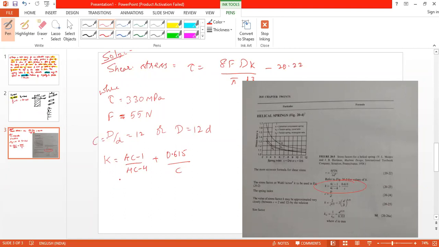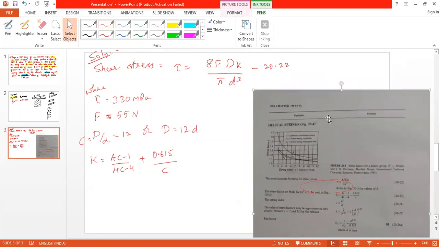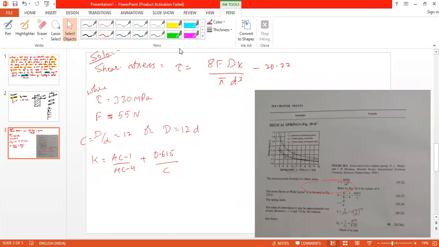Okay, so can we calculate the value of K here? So it is (4 times 12 minus 1) by (4 times 12 minus 4) plus 0.615 by 12. So what is the answer?